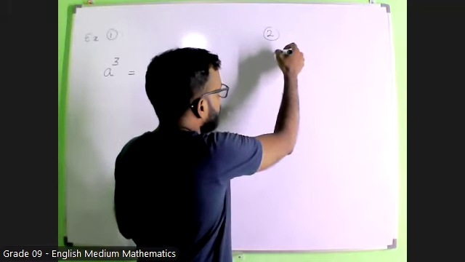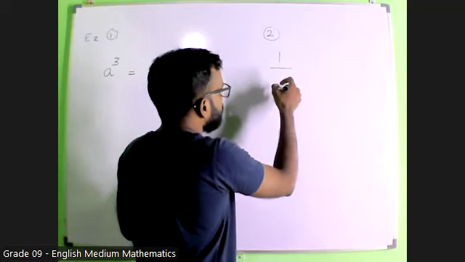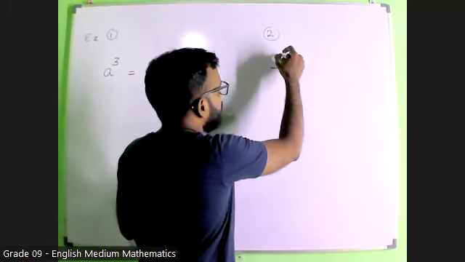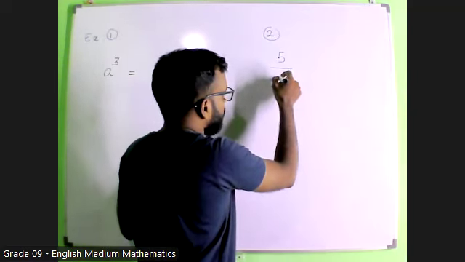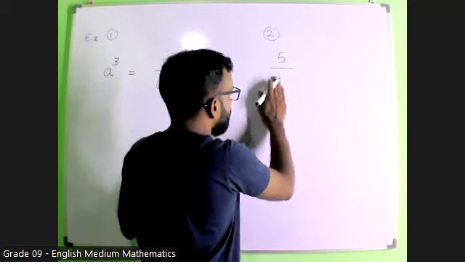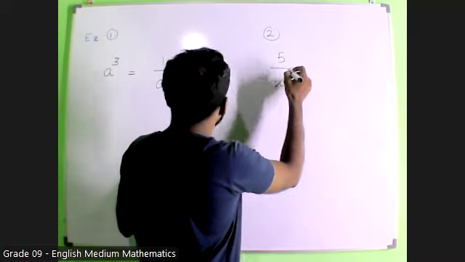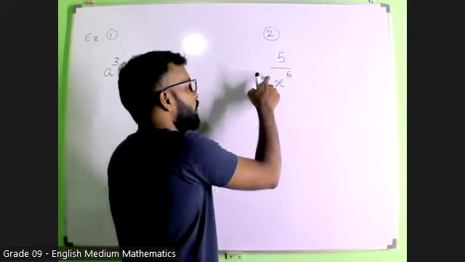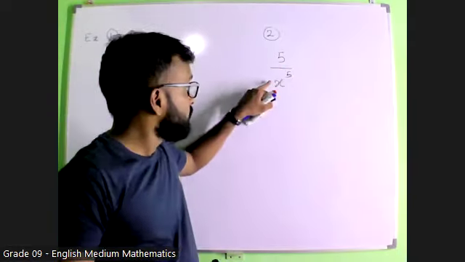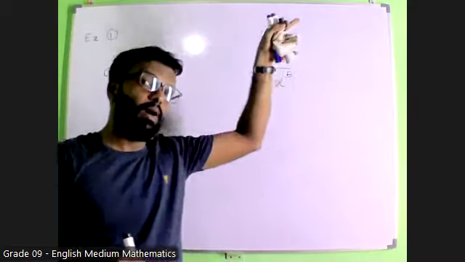This is a positive power: 5 upon x to the power 5. Now this is a positive power. X to the power 5 is a positive power.